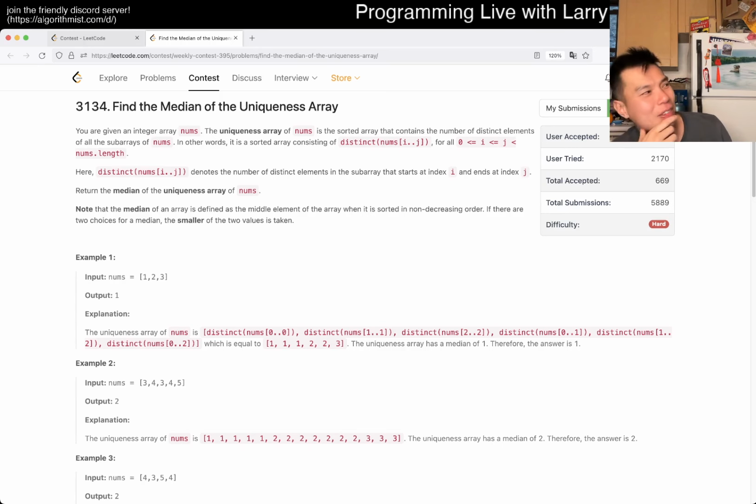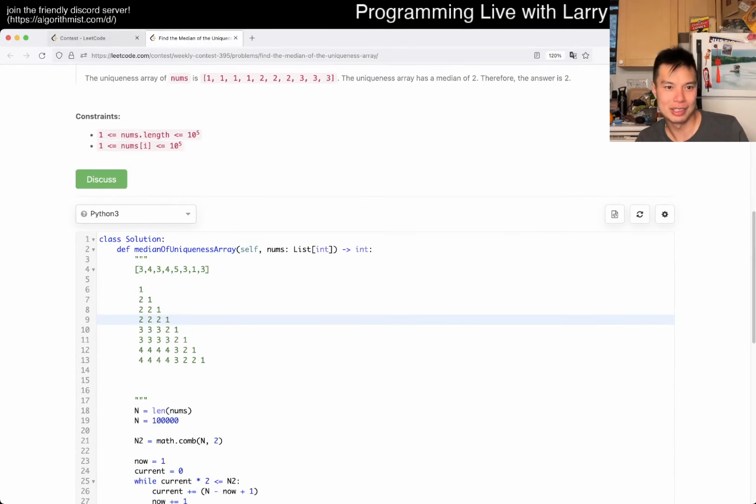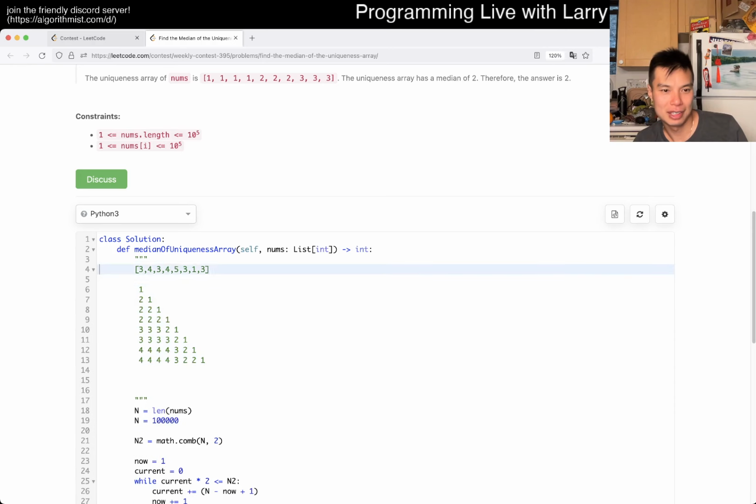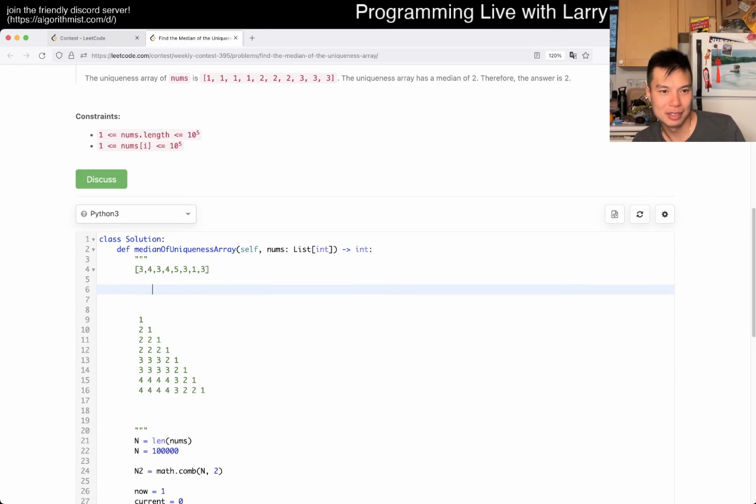Can you count backwards? Does that help? I don't think so. What if I look at it differently? Okay. Say length 1, right?